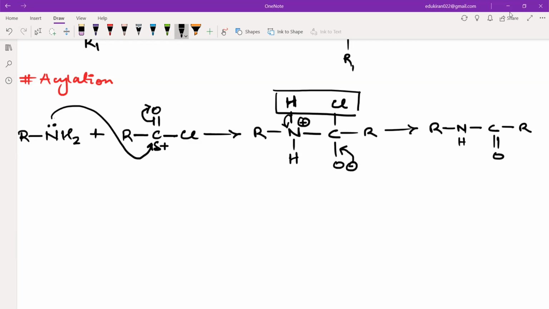Plus HCl just left, right? Now, what are these molecules? These are amides. Yes or no? Can you see these are amides? Right. So an amide has a very particular bond, that is NH and C double bond O. This is amide.